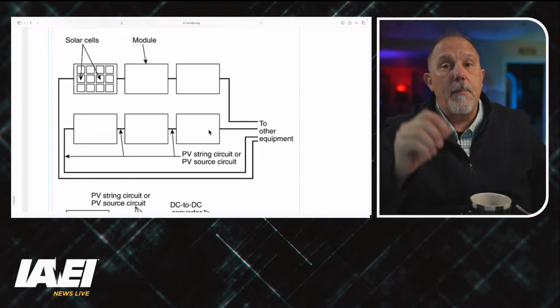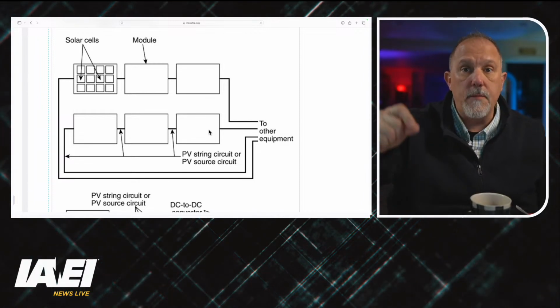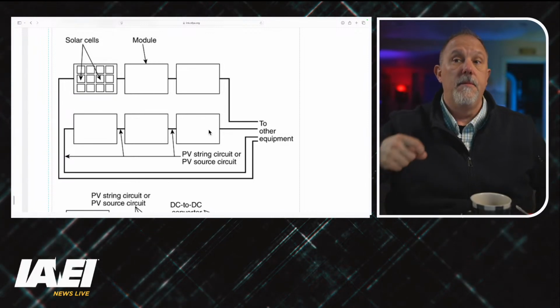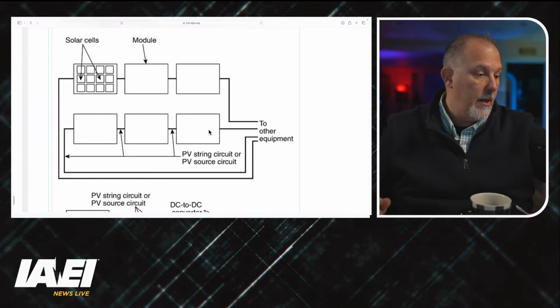For the proper application of those PV source circuits, which we know are unprotected conductors, I'm going to have specific rules in the National Electrical Code. And what we would do then is go into 690 and look for the rules for PV source circuits.